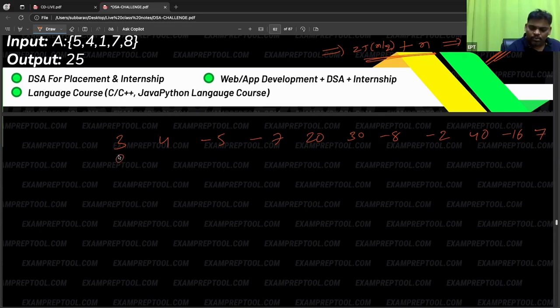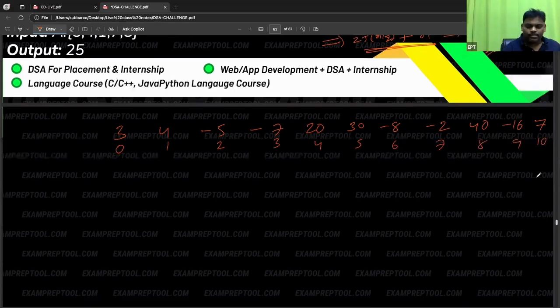Some numbers I have given. This is the array, and these are the indexes.